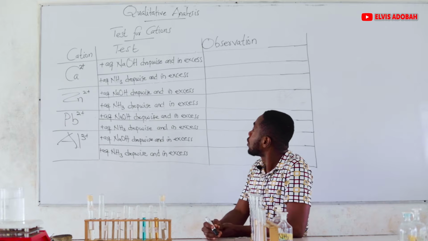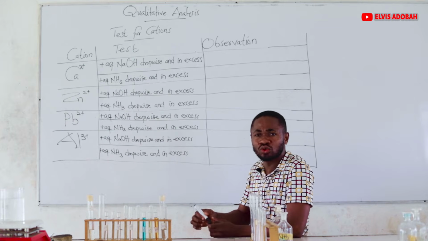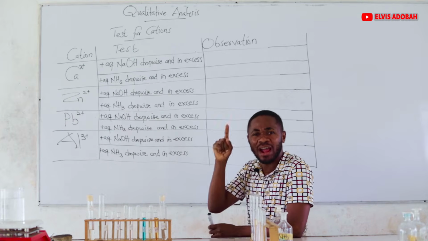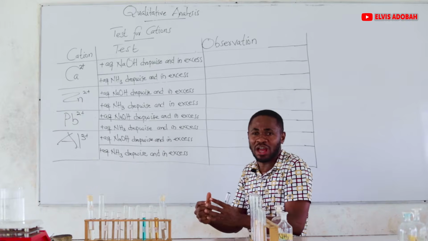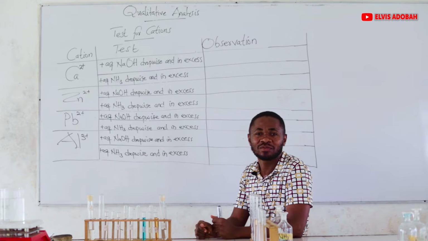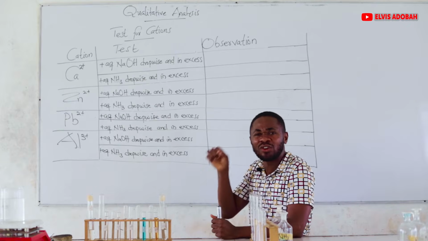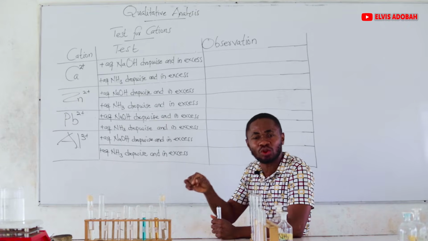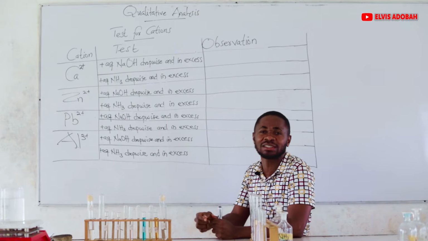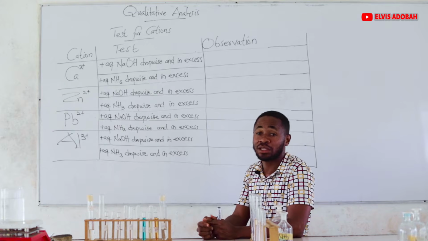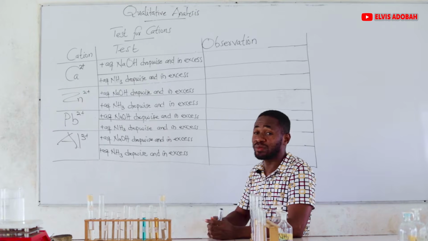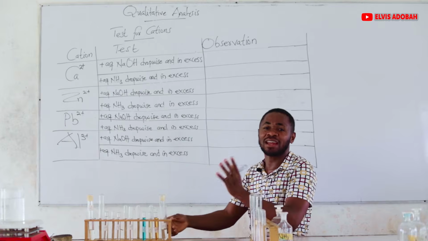Today, we'll be talking about how to test for cations. So supposing you have a sample, and we say there is an inorganic salt present in that sample. An inorganic salt, obviously, is made up of a cation and an anion.